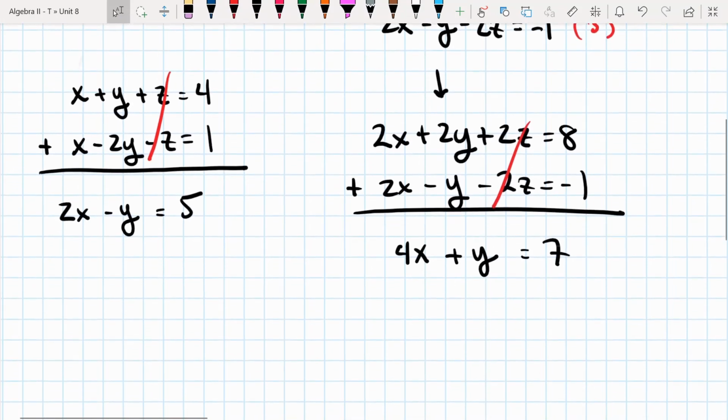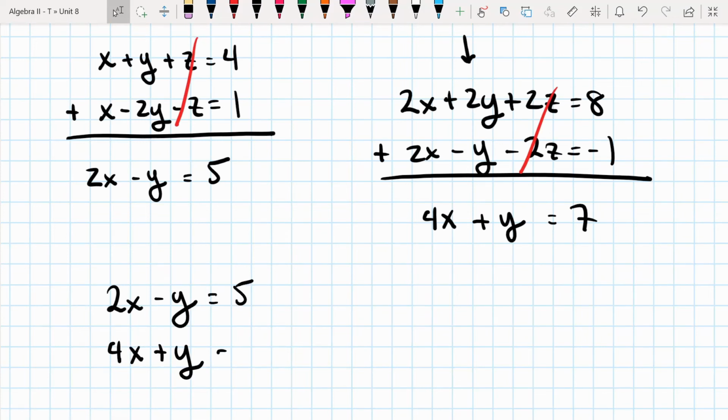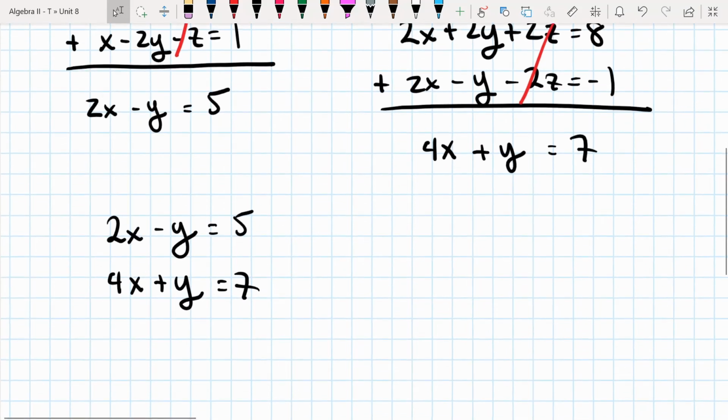Okay, so now we have a 2 by 2 system of equations. Let's add these together. And without doing anything, this is nice because if we add these together, automatically the y terms go away.